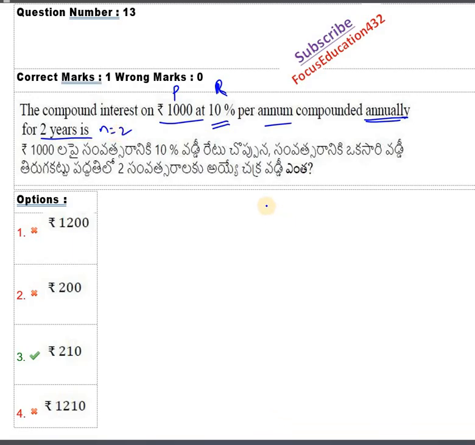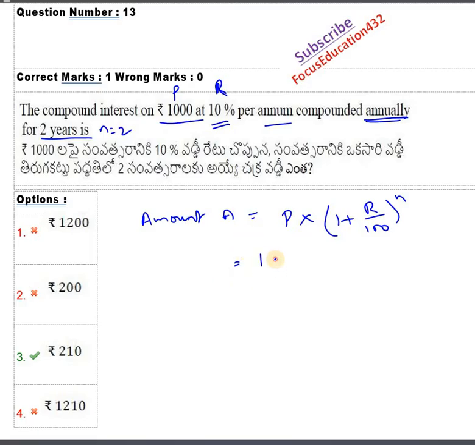We know all these things: P, R, N. But we should know the formula. So in the compound interest formula, amount A is equal to P multiplied by 1 plus R by 100 whole power N. Here you have to do some calculations.